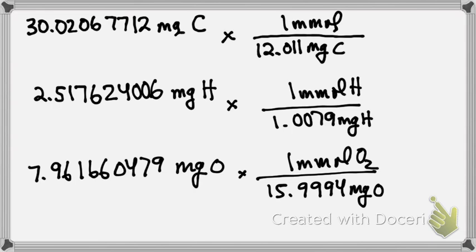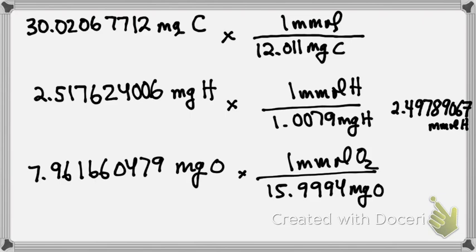So I'm going to do hydrogen first. This gives me 2.49789067 millimoles of hydrogen.